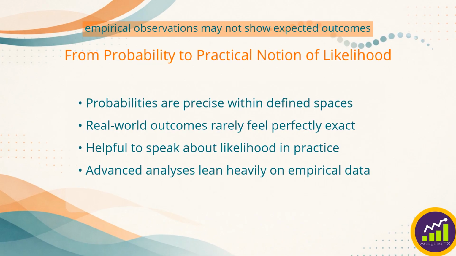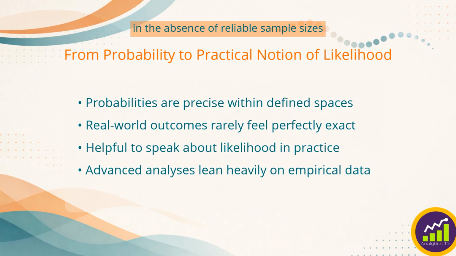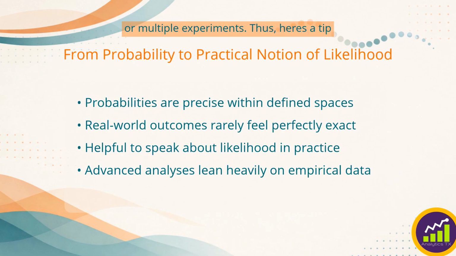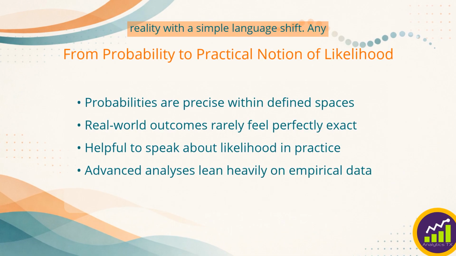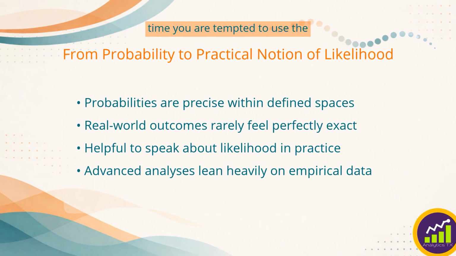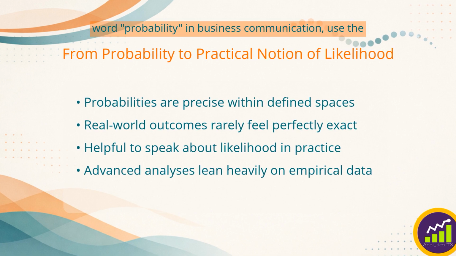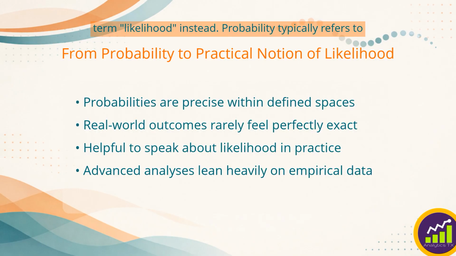And as we discussed earlier, empirical observations may not show expected outcomes in the absence of reliable sample sizes or multiple experiments. Thus, here's a tip that can help one adjust expectations and reality with a simple language shift. Anytime you are tempted to use the word probability in business communication, use the term likelihood instead.